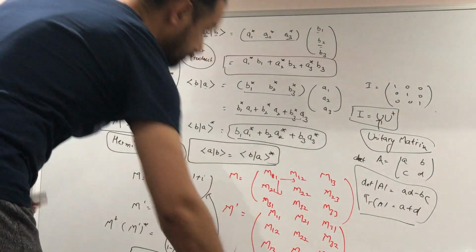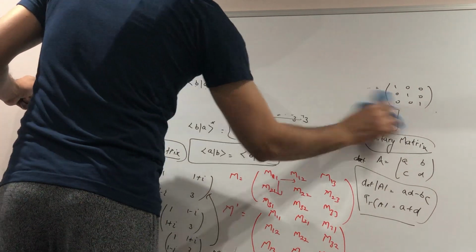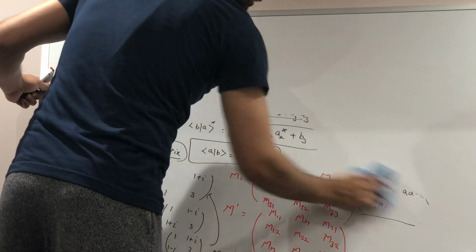Now, what is the basic property of the Hermitian matrix? That I will explain.